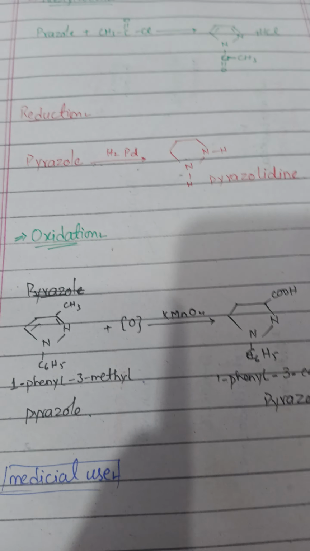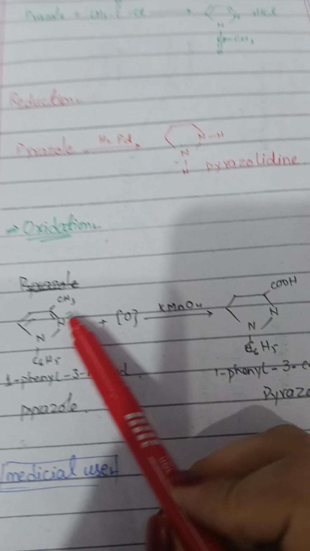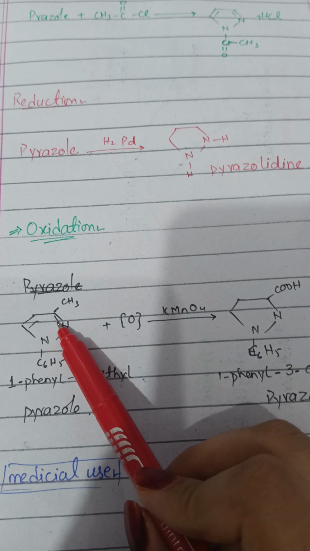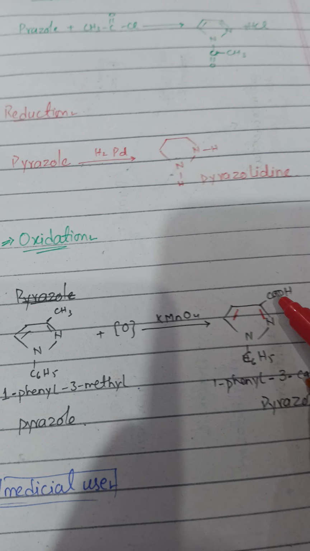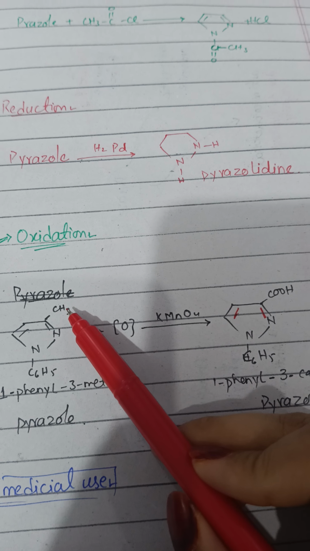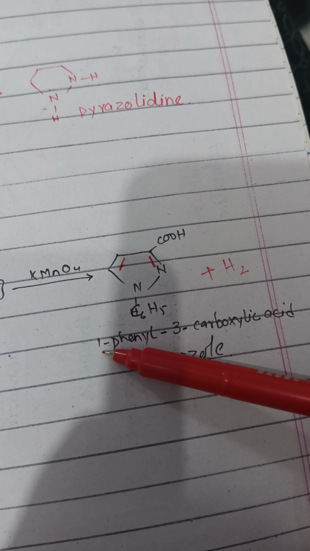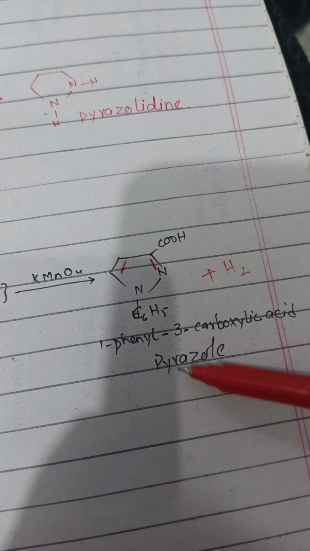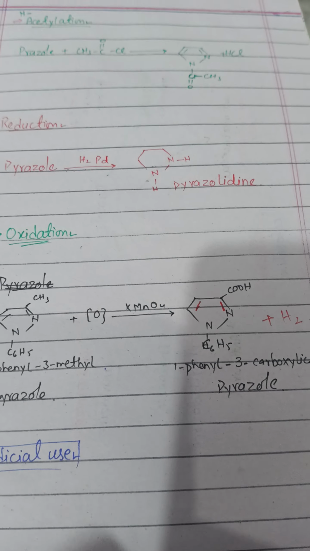In oxidation we add oxygen and remove hydrogen, so we remove hydrogen from there and add oxygen in it. All the structure remains the same, just there is addition of oxygen, and the 2 hydrogen atoms are released in the form of H2. This structure is named 1-phenyl pyrazole-3-carboxylic acid, because at position 3 a carboxylic acid is attached.